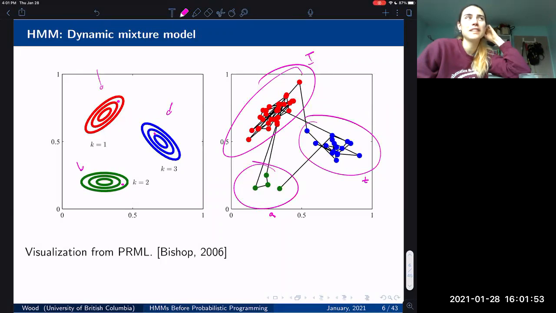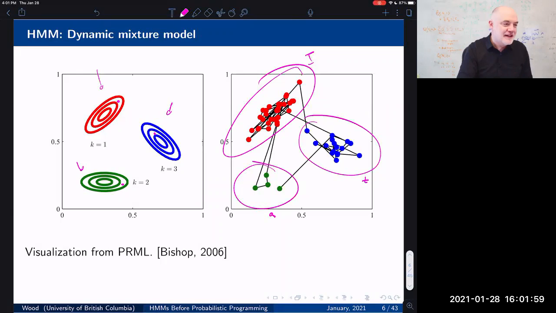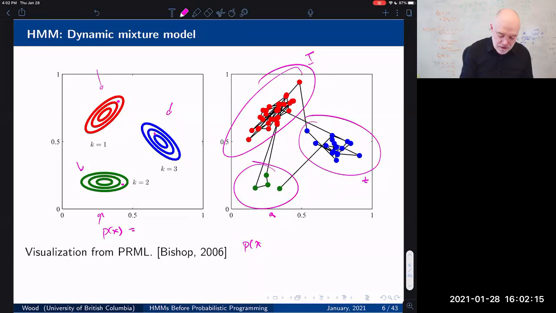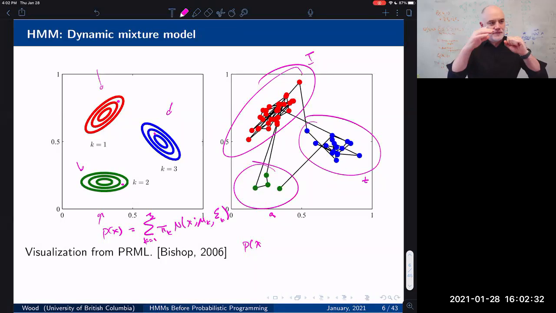So what is a mixture model? Okay, that'll come up. You'll get it in your homeworks. But a mixture model is basically when you write down some density, p of x, and we say that this is some weighted combination of simple densities.